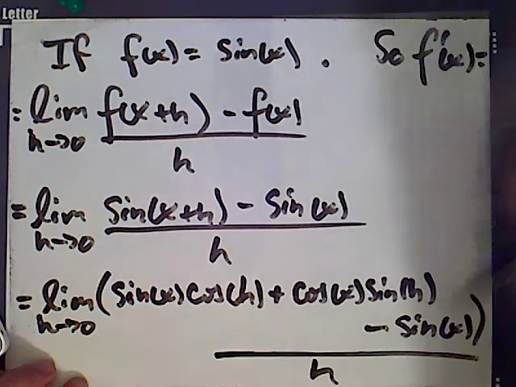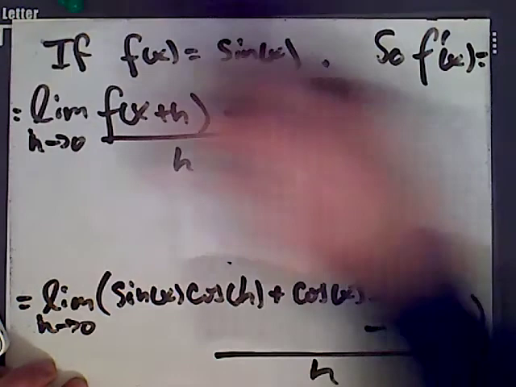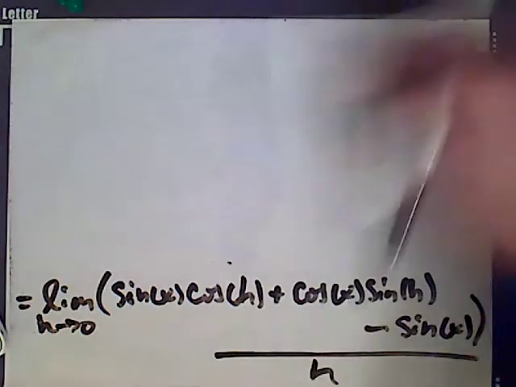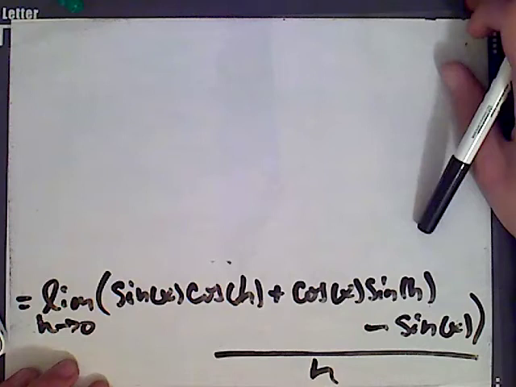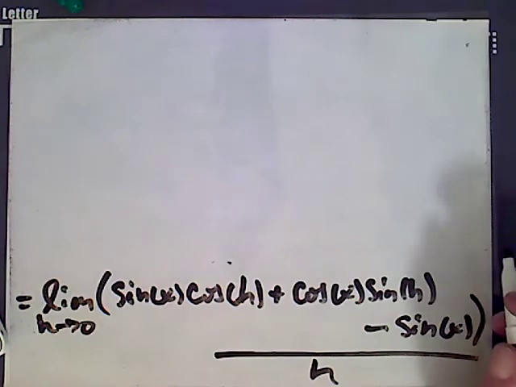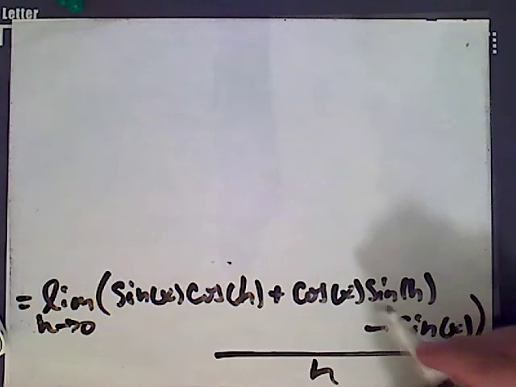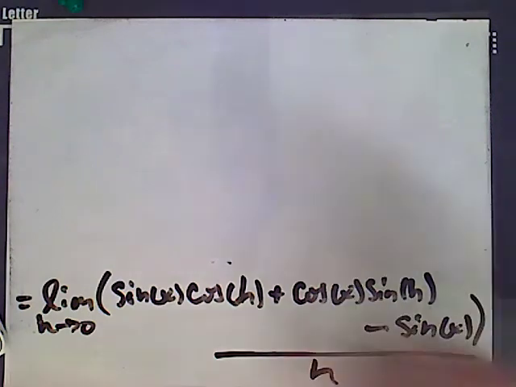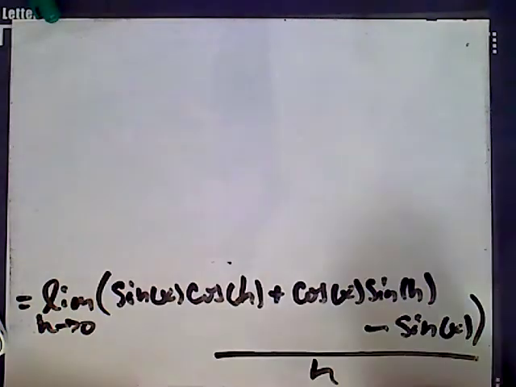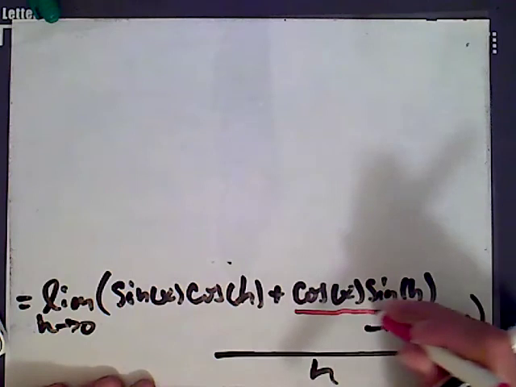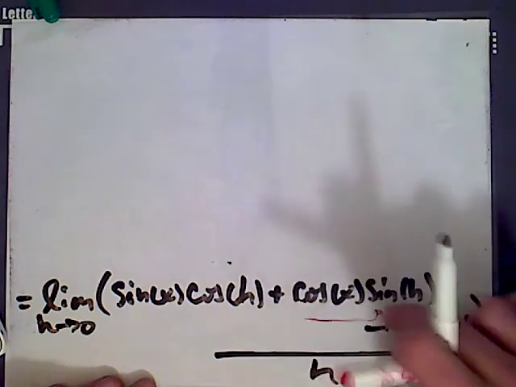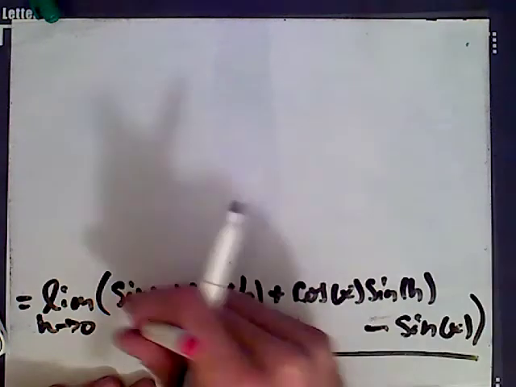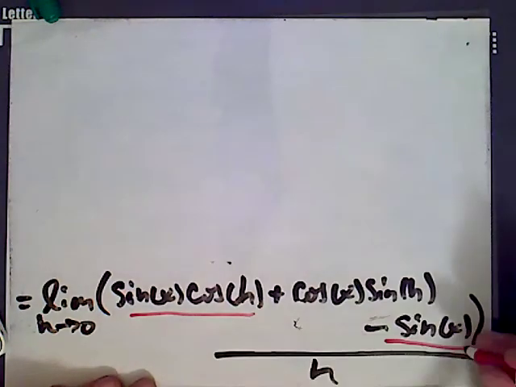Let me erase what's up top here. What we want to do is rearrange this expression. We were told to use a limit formula involving cosine, and we also see that we have a common factor of sine of x here and here.